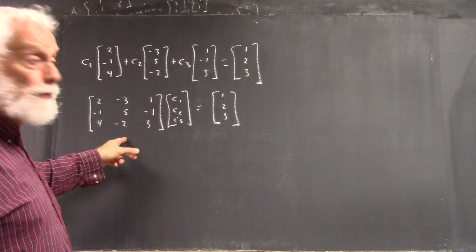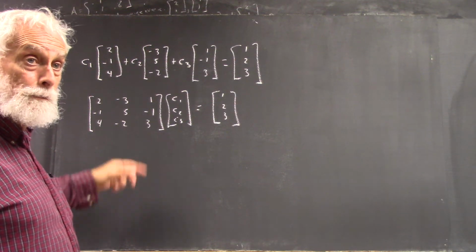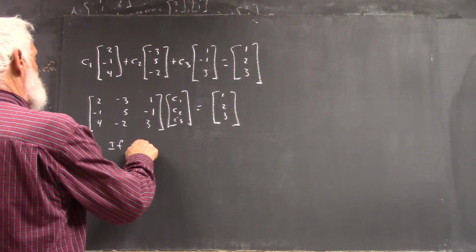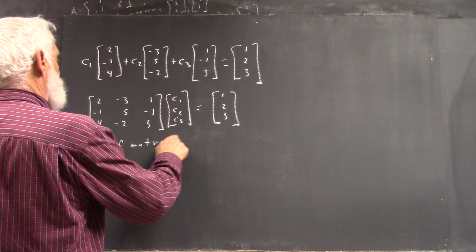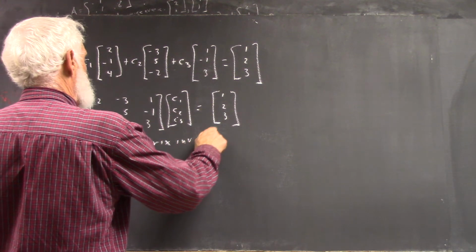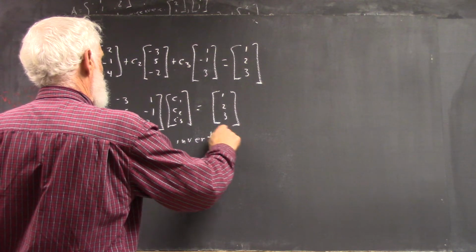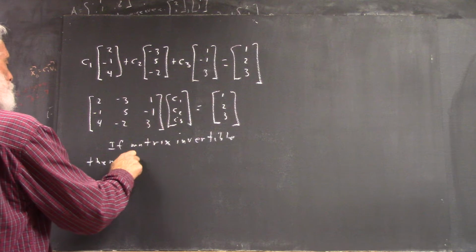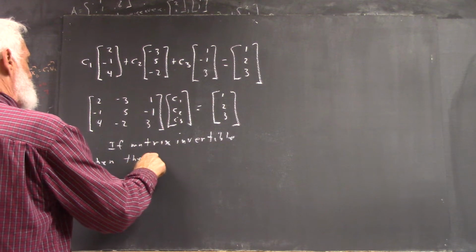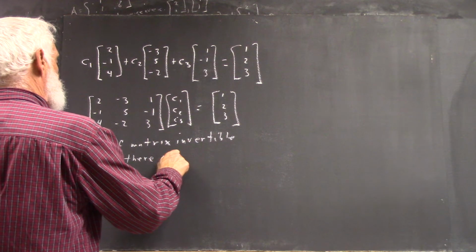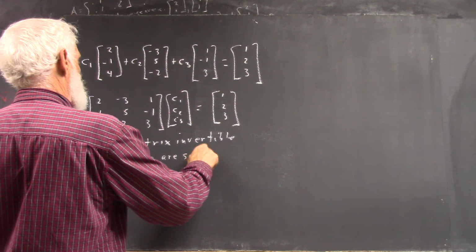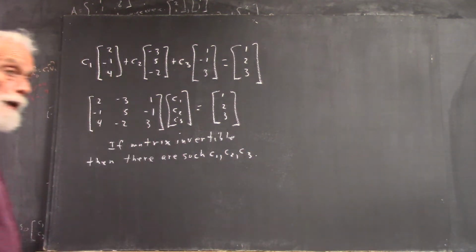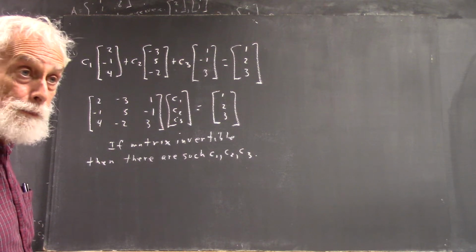Okay, well, if this matrix is invertible, it's possible, right? And there are such C1, C2, and C3s, okay?